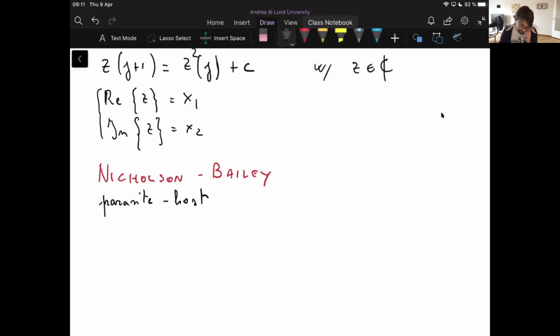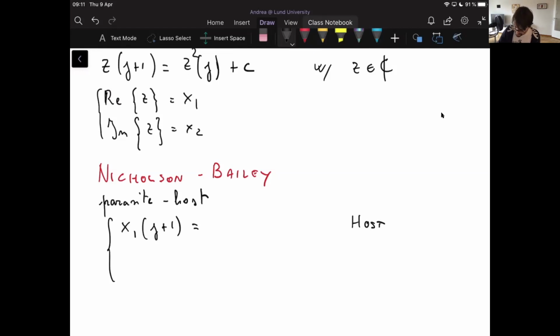So let's see, originally, the original Nicholson-Bailey model had this map. So it was describing, in the first dimension, the population of the host.